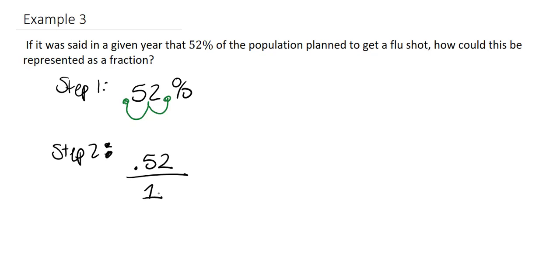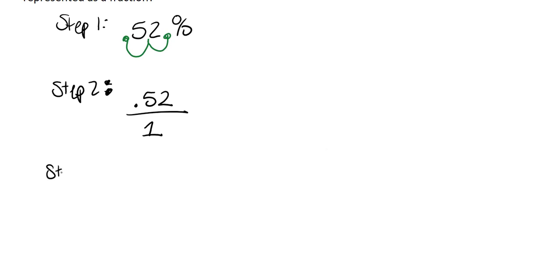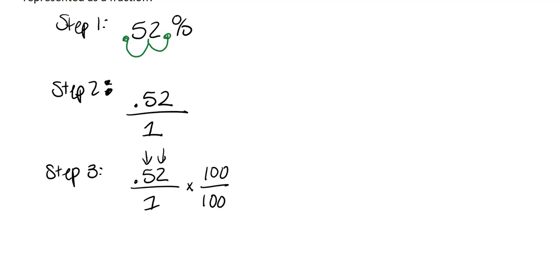Then our step 3 will be to multiply this 0.52 over 1 by 100 on the top and the bottom, because we have 2 numbers after the decimal. So we do that, we get 0.52 times 100. Well, that's 52 over 100.